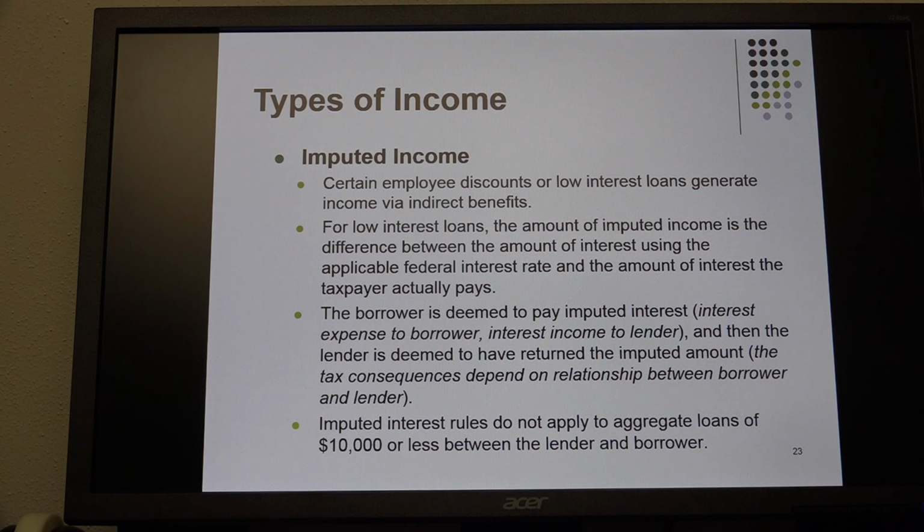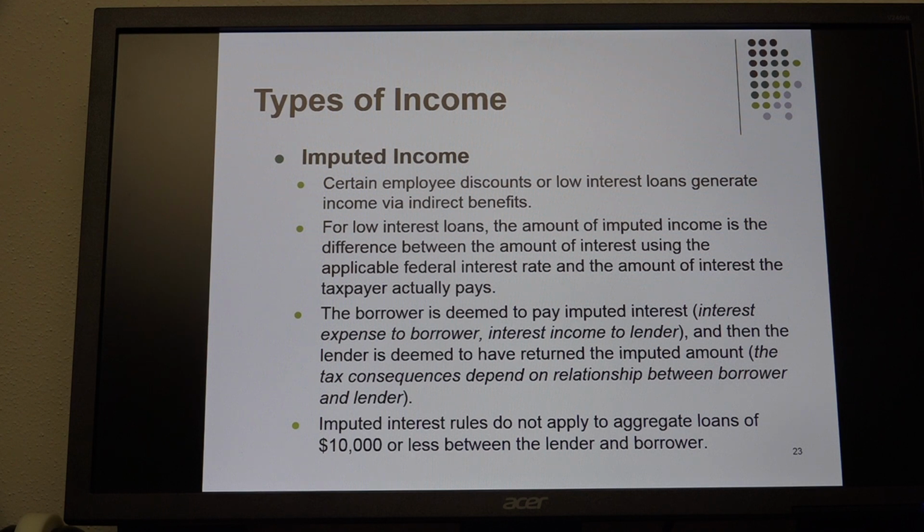Another example of imputed income is where a party receives a below market interest loan. So let's say the market calls for a 6% loan and the party receives a loan for 3%.